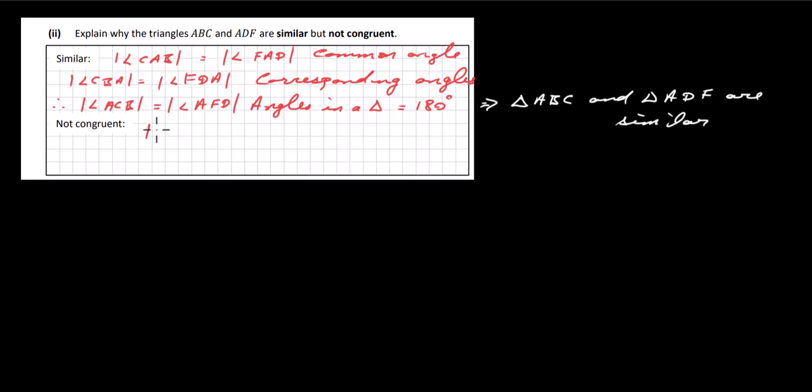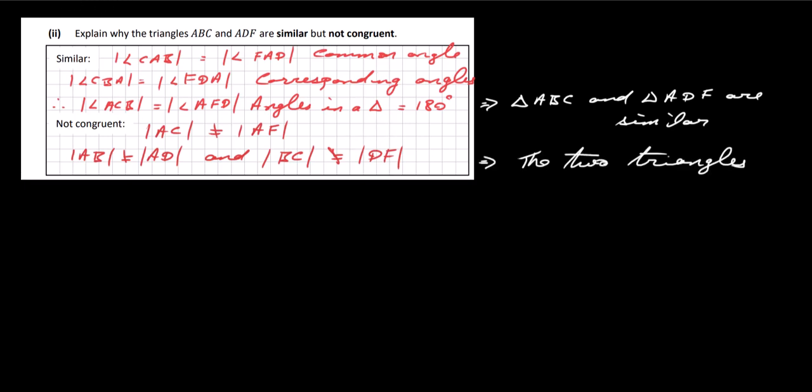In other words, AC is not equal to AF, and also AB is not equal to AD, and the other corresponding sides, BC is not equal to DF. So that would just mean that the two triangles are not congruent.